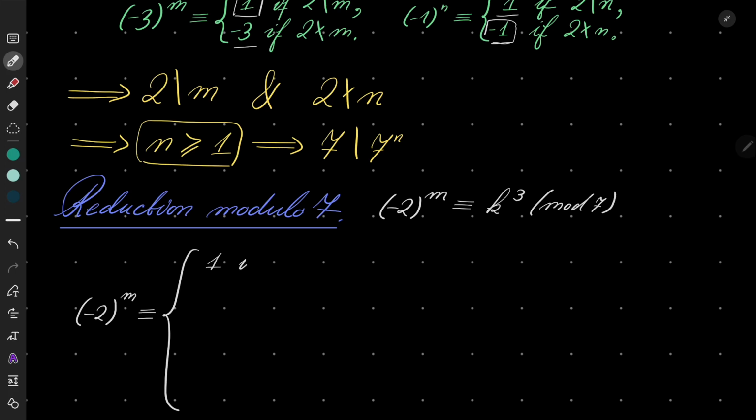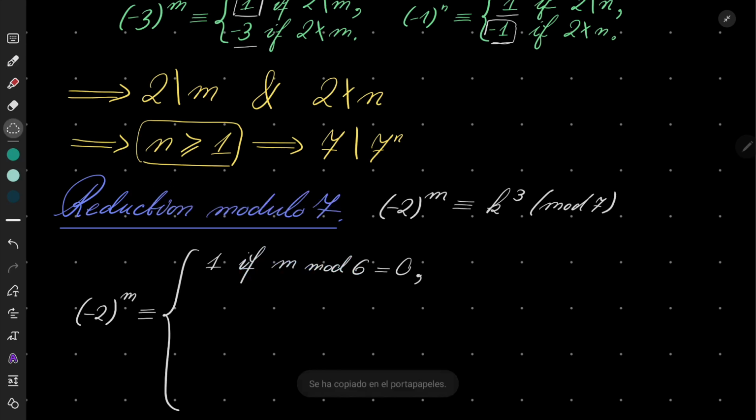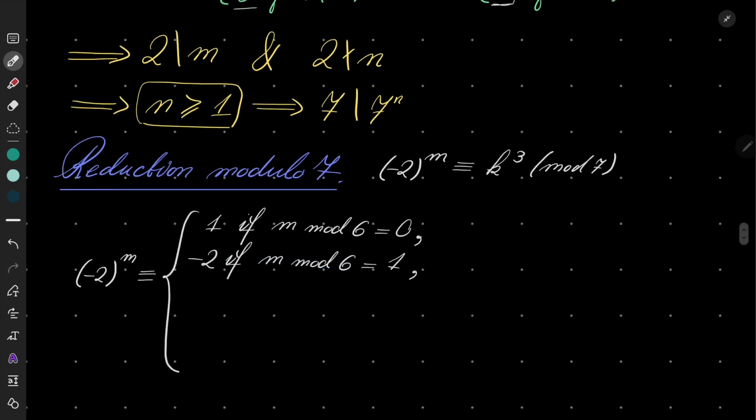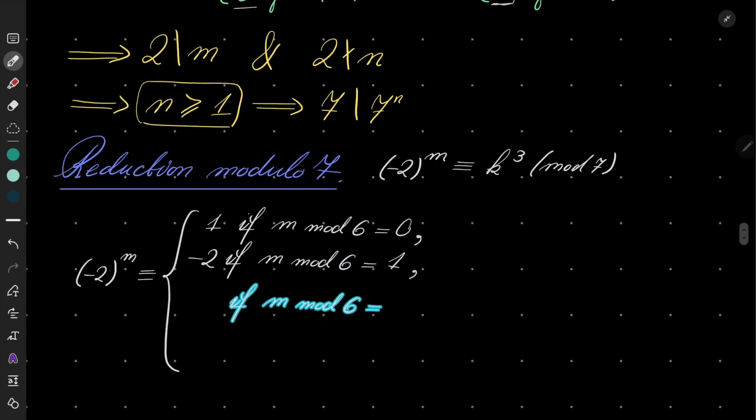It's congruent to 1 if m modulo 6 equals 0. It will be congruent to -2 if this remainder is 1. It will be 4 if the remainder is 2.